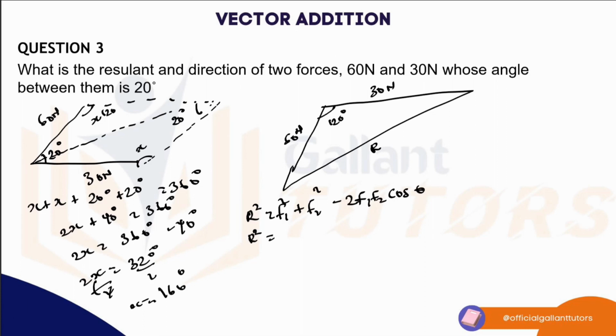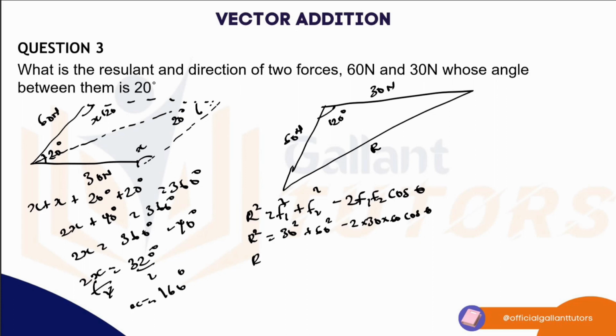Is that clear? So our R squared is equal to F1, which is 30 Newton. It can be anyone, I can use 60, I can use 30, it does not matter. So plus 60 squared minus 2 times 30 times 60 cos theta, right?